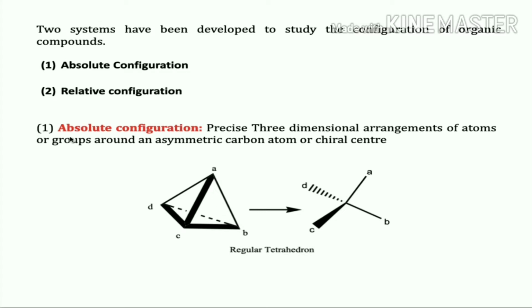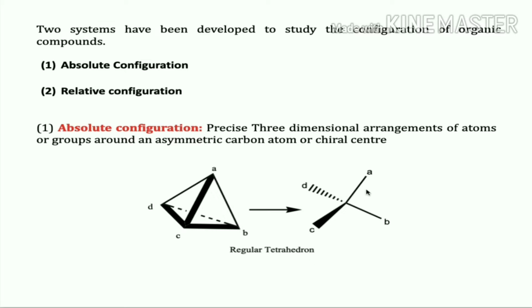So what is absolute configuration? Absolute configuration is the precise three-dimensional arrangement of atoms or groups around an asymmetric carbon atom or chiral center. Here a figure is given, a regular tetrahedron.